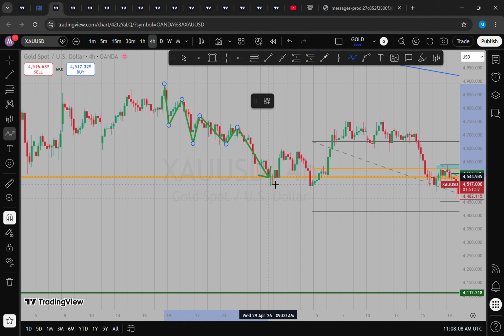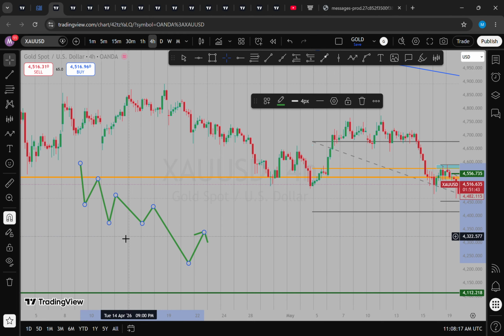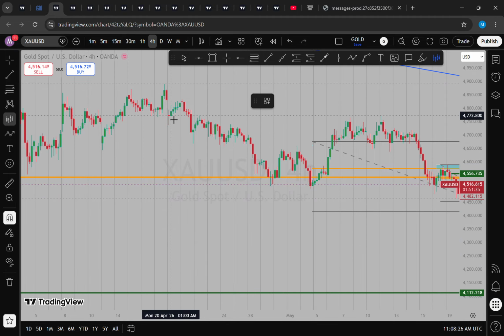This is another downtrend. That's another downtrend there, keeps breaking support, keeps breaking support, in order. So that's a downtrend for us.